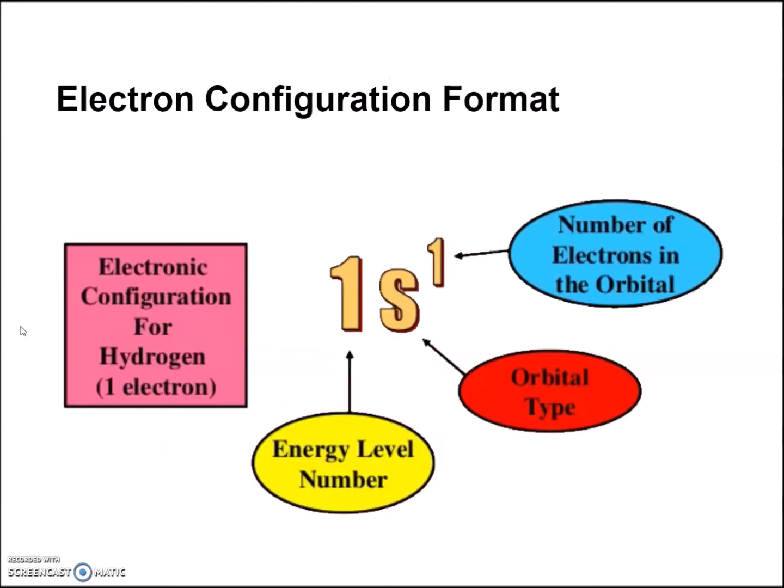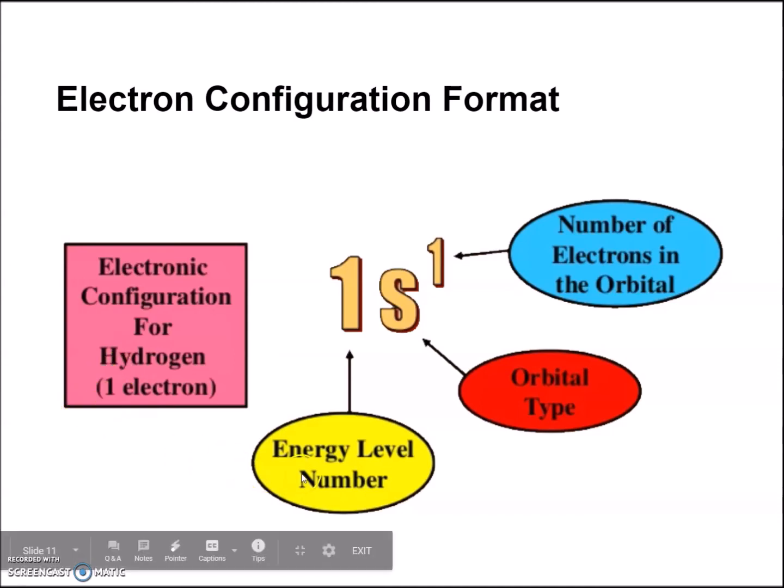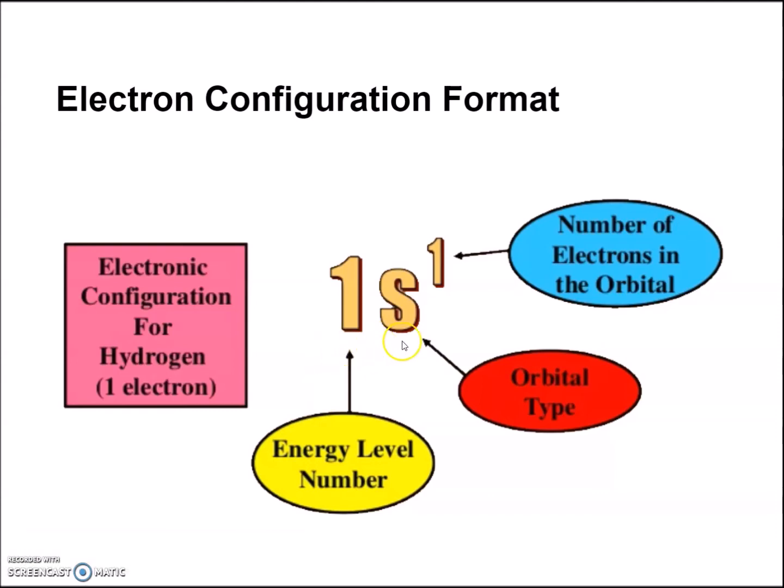When writing electron configurations, there's a little trick to the formatting. Let's take a look at this. Let's take hydrogen. Hydrogen, the simplest of the elements, has just one proton in it, which means if it's neutral, it'll have just one electron. In our format for electron configuration, we're going to list the sublevel that it's found, and of course the name of the sublevel contains the principal energy level number in it.